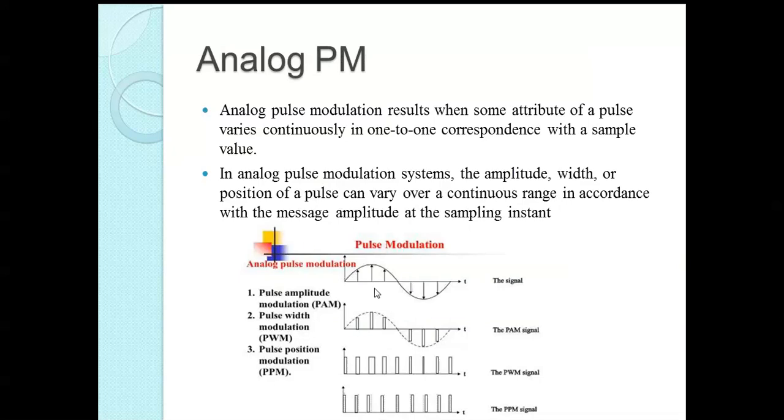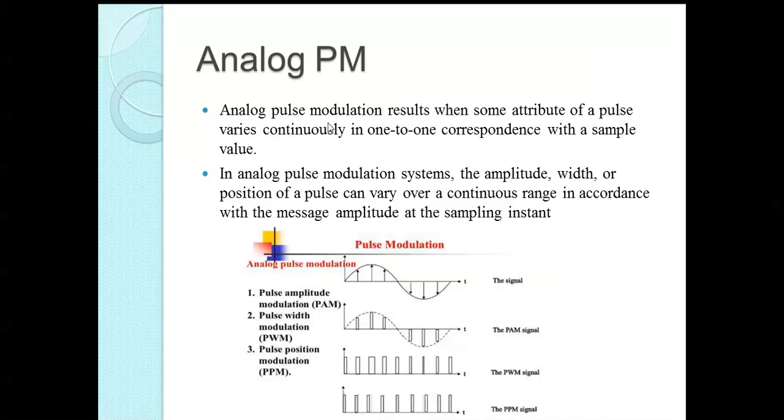As I told you, when I'm taking a continuous signal with a discrete-time train of pulses to modulate, you call it analog pulse modulation. When the amplitude of the pulse changes, you call it pulse amplitude modulation; when the width of the pulse changes, pulse width modulation; and when the position of the pulse changes, pulse position modulation.